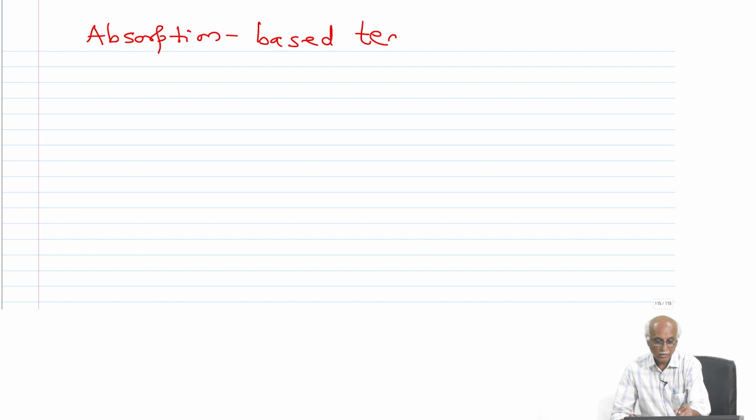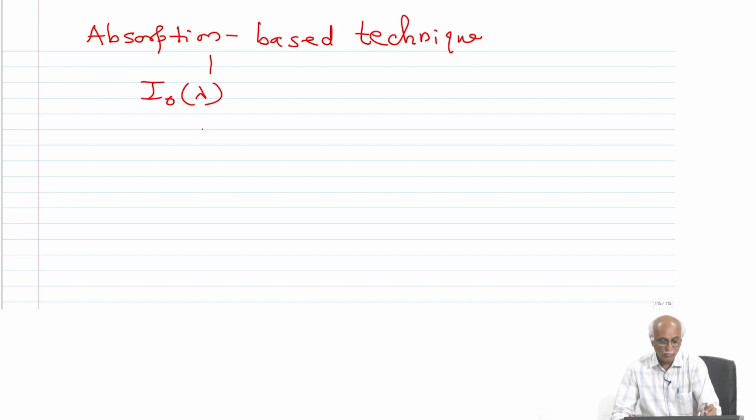Now, an important thing in the case of optical absorption based techniques: what we are using is an input intensity of light, let us say I0 lambda, and we measure the transmitted intensity.